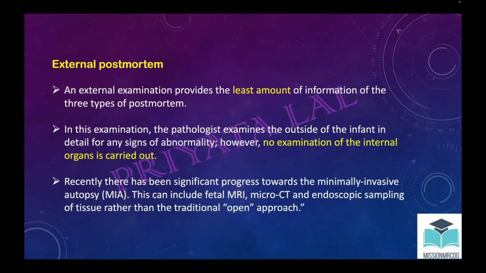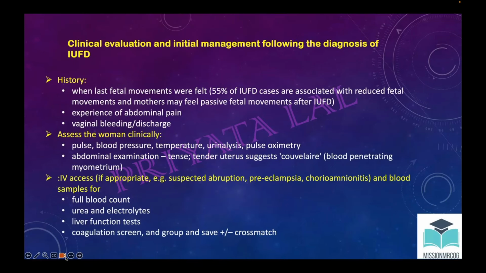Usually minimally invasive autopsy can be used, such as fetal MRI, micro CT, or endoscopic sampling. So this is how the external post-mortem is done. Basically it provides very slim information. So these are the three types of post-mortem that you should be aware of. Is it clear, people?